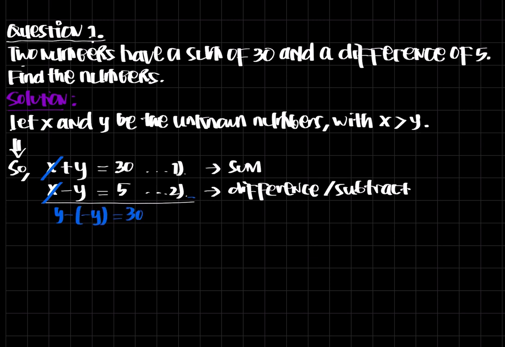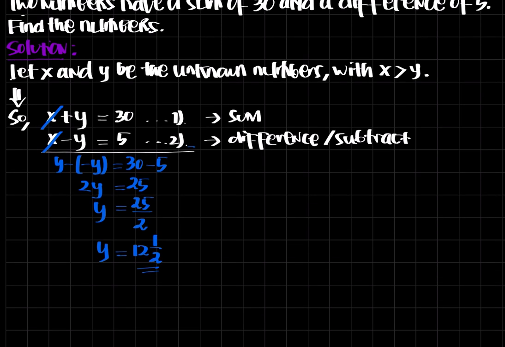Then this is 2y equals 25. So y equals 25 divided by 2. Then y is 12 1 out of 2. That is the first one.